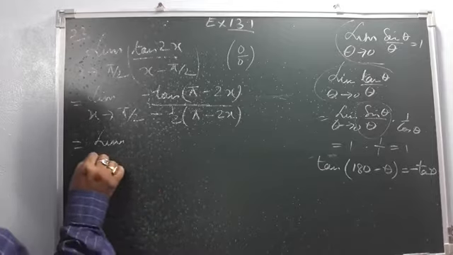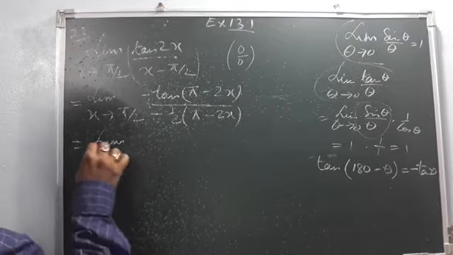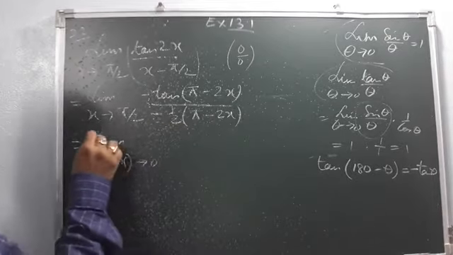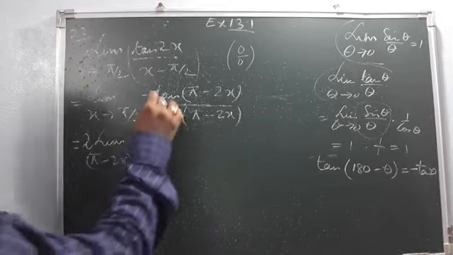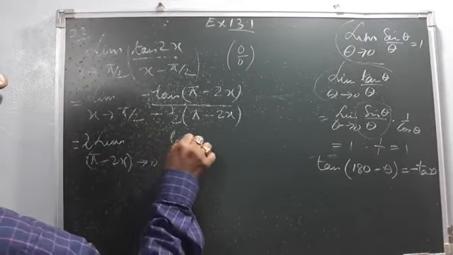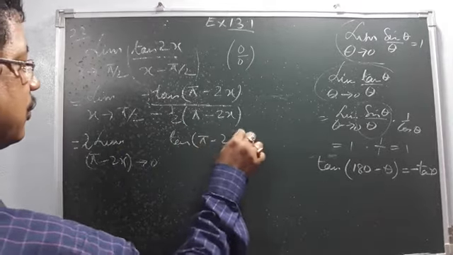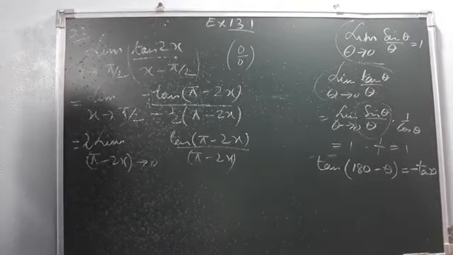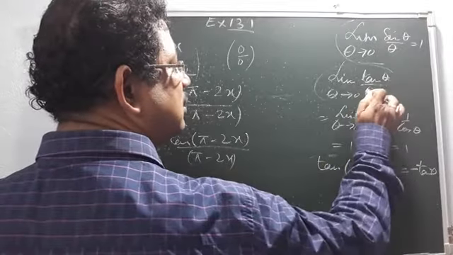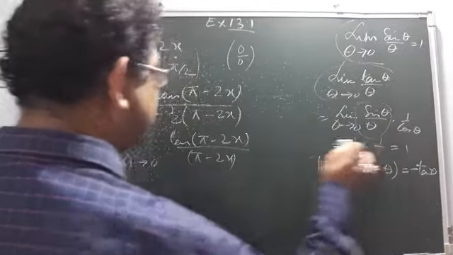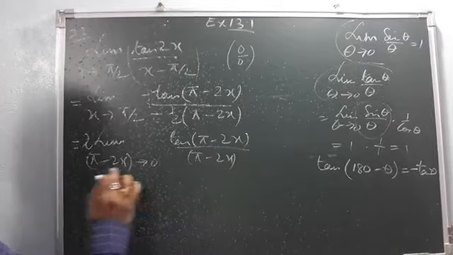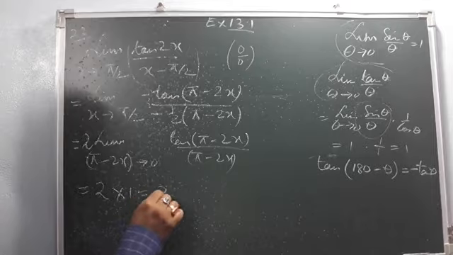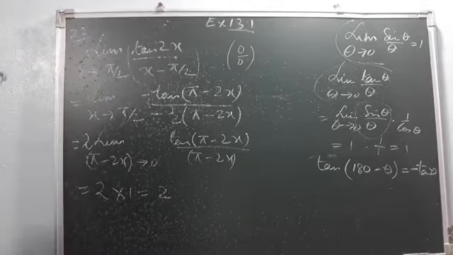So pi minus twice x will tend to 0. And here after cancellation, these two will go above, minus will cut, and we get tan of pi minus twice x by pi minus twice x. Now think of this one as theta by theta, then the answer is 1. So automatically it will be 1, and that's why it is 2.